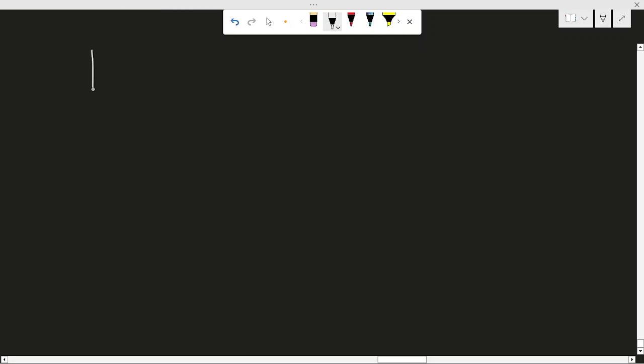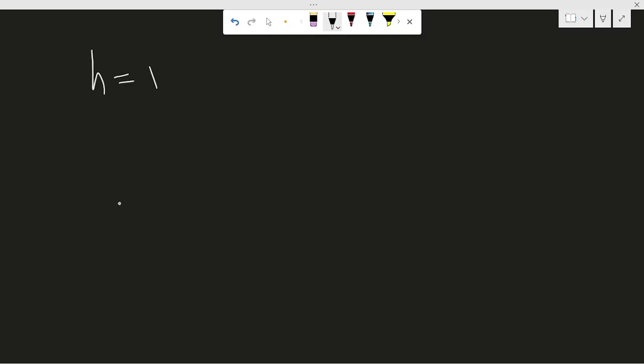Let me explain how we can reach that one. So imagine h is equal to 1. Since h is starting from 1, with minimum nodes, how can you draw the AVL tree? You will draw like this. Here I am talking about minimum, because I already talked about maximum, right? So this is 1. Number of nodes required is 1.